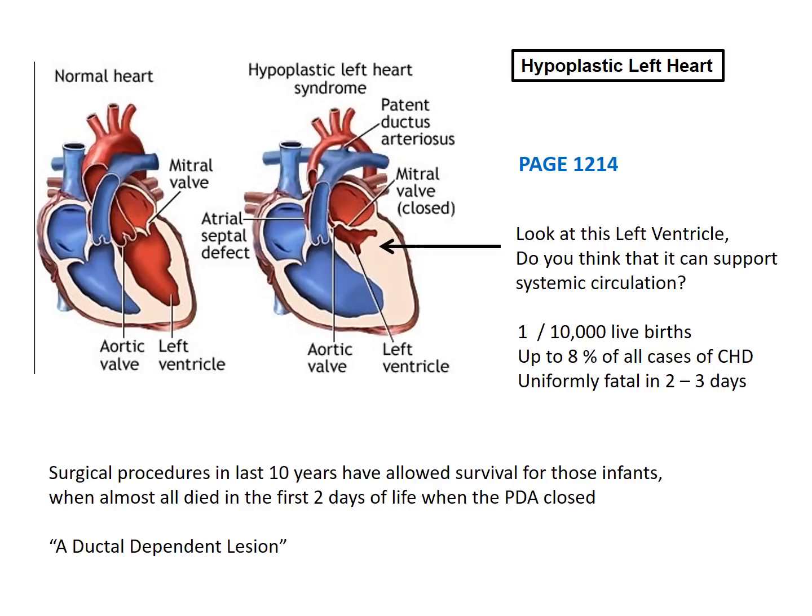Within the last 10 years, a staged surgical repair of these infants has pretty much been close to perfected, such that infants born with hypoplastic left ventricle a while ago would not survive. There was nothing that could be done.